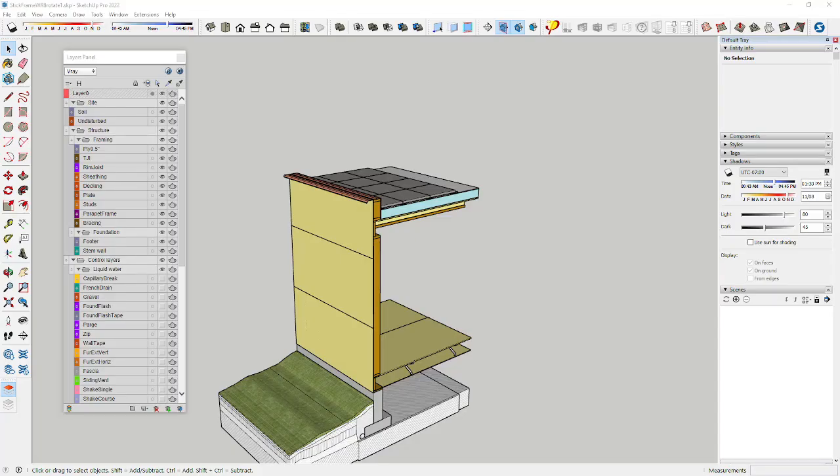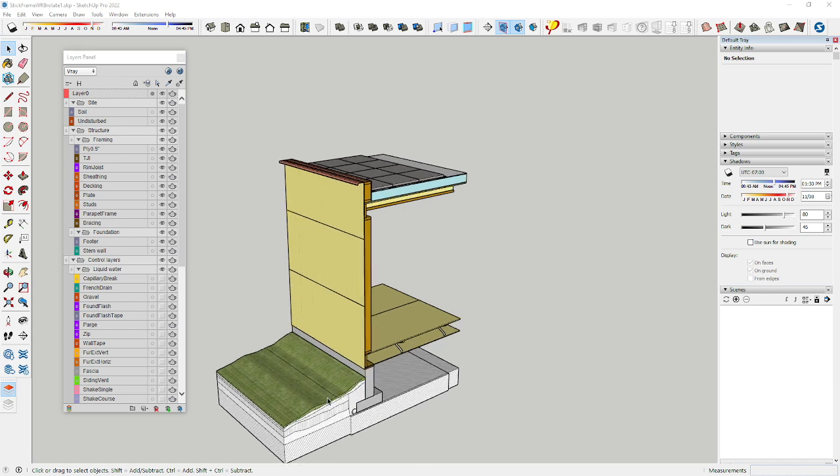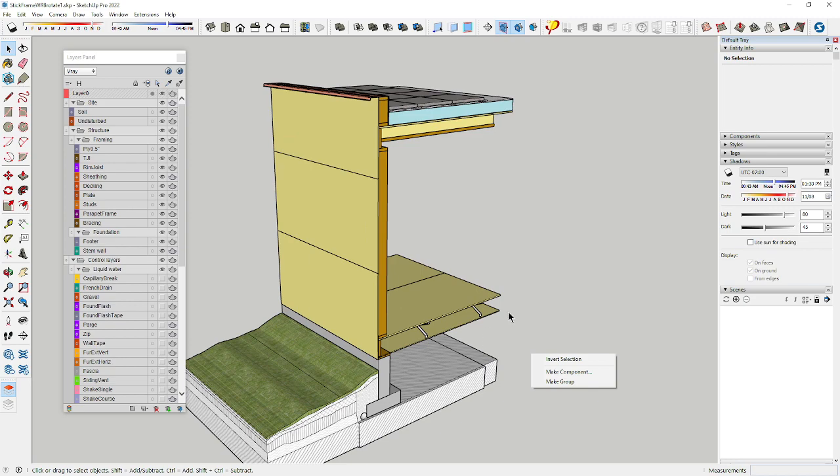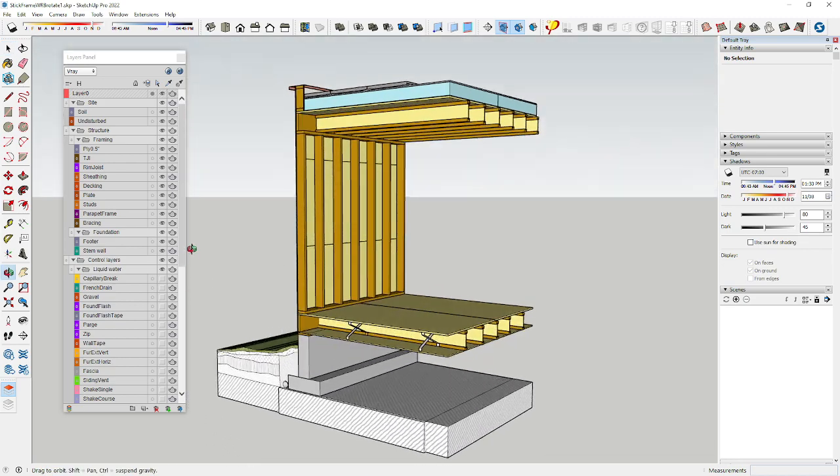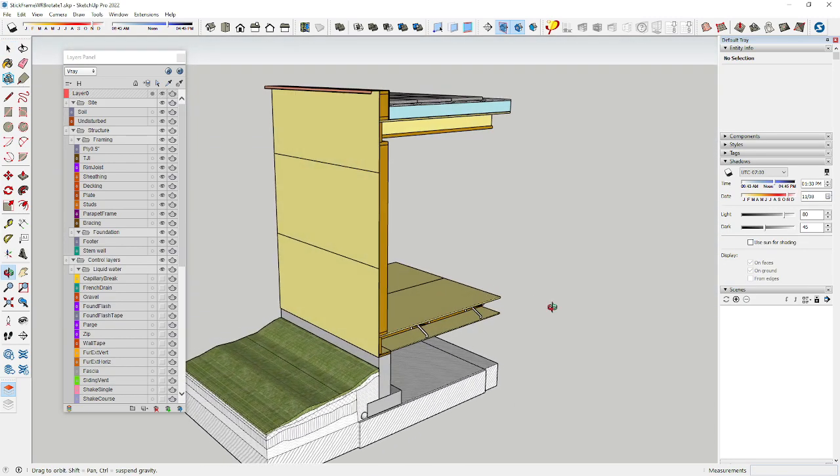Okay, here's the basic envelope that I put into the spreadsheet. We've got a wood stick frame with framing for the floor and roof.